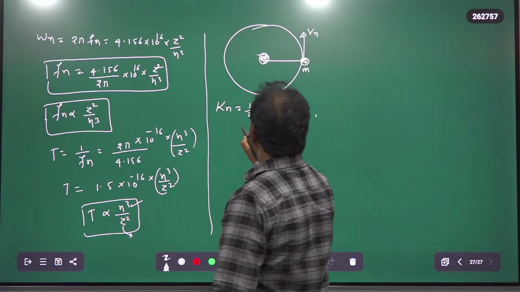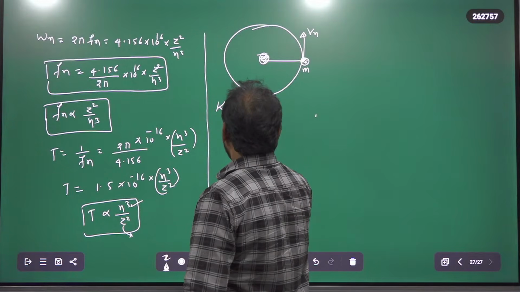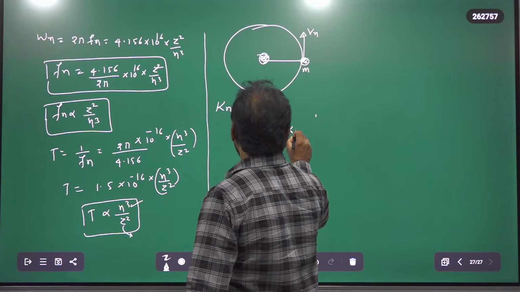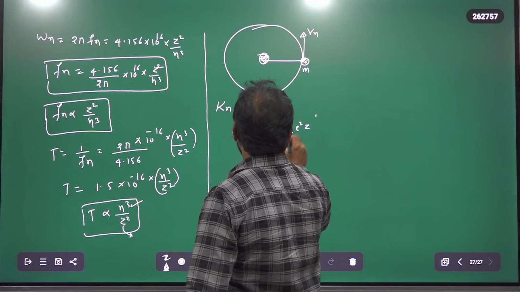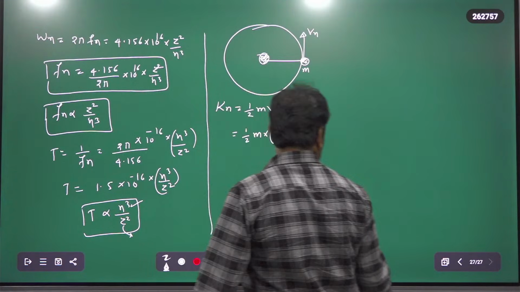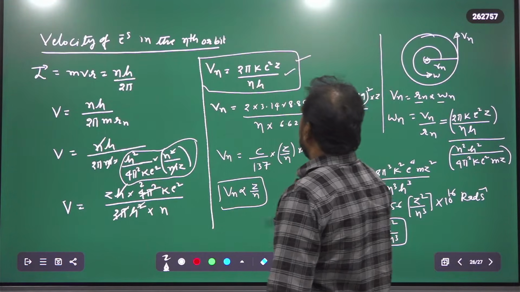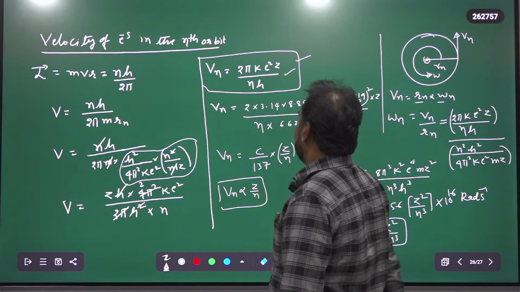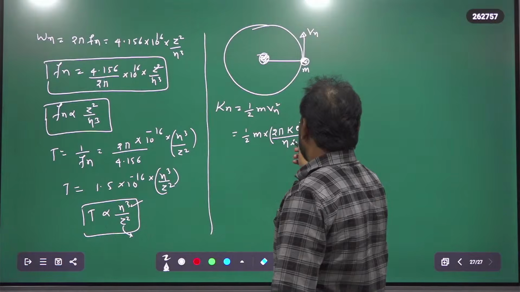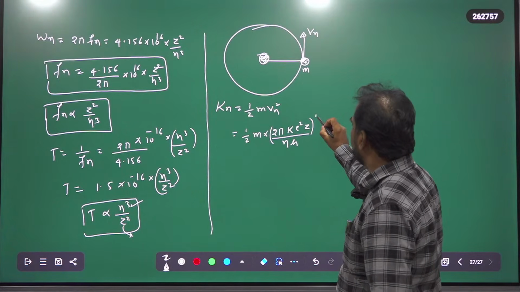That is, half m into 2 pi k e square z upon nh, the velocity of the electron, the whole square.